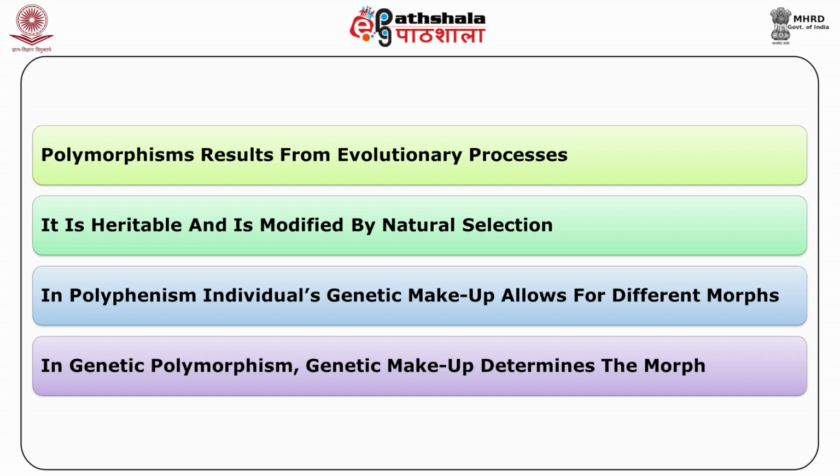In polymorphism, an individual's genetic makeup allows for different morphs and the switch mechanism that determines which morph is shown is environmental. In genetic polymorphism, the genetic makeup determines the morph. Ants exhibit both types in a single population.